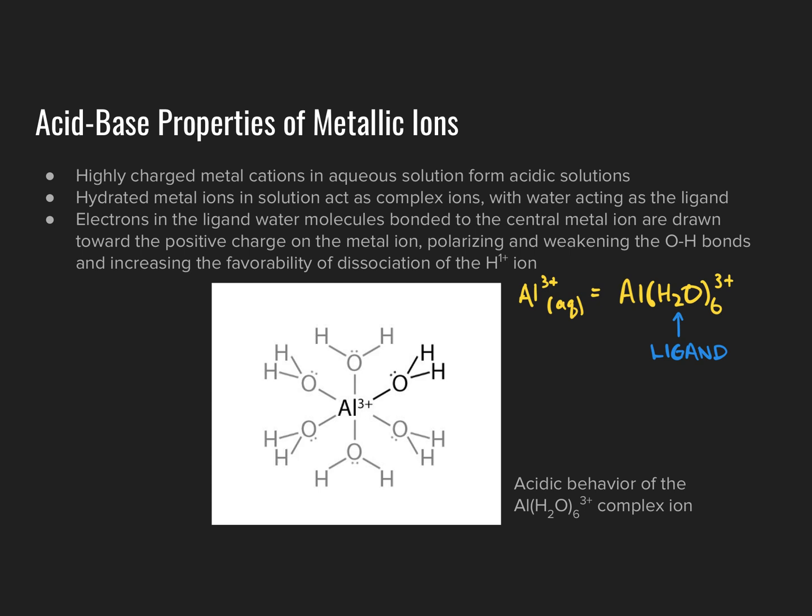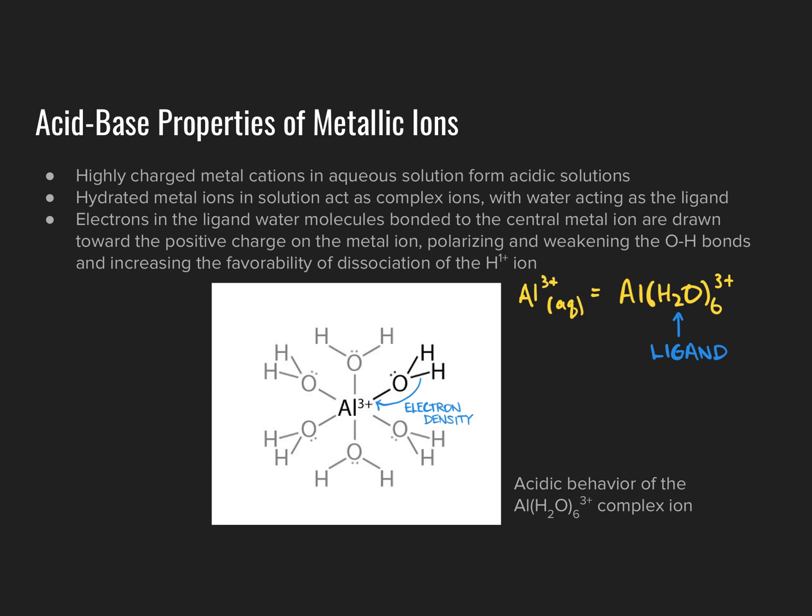And if we treat a dissolved metal ion in its more accurate sense as a complex ion, again with a water ligand, we can recognize that the very large positive charge present on that aluminum cation is going to draw electron density towards itself. The net effect is that those electrons in the water molecules are going to get drawn towards the positive charge on that central metal ion.